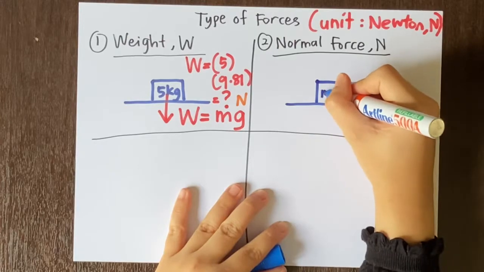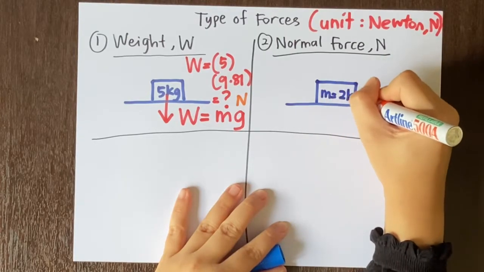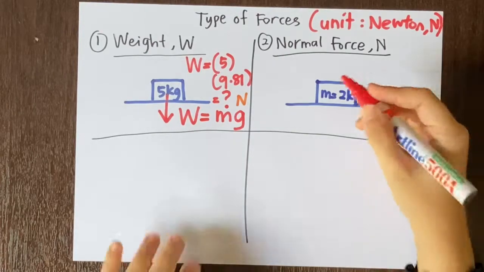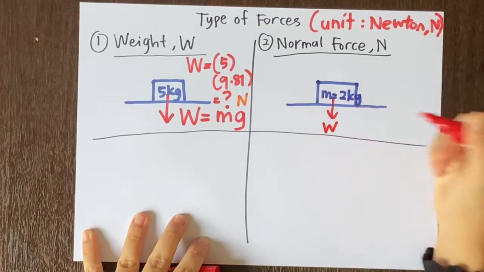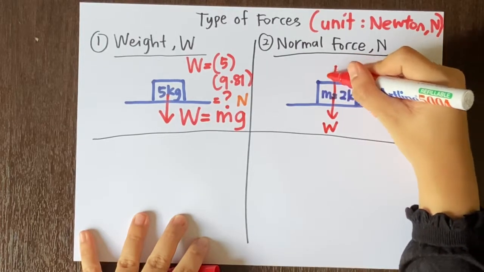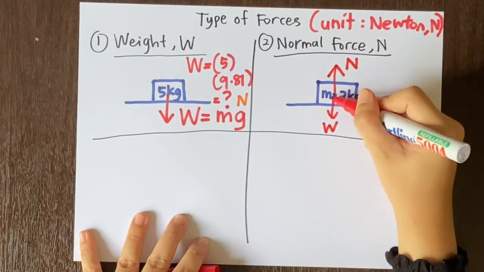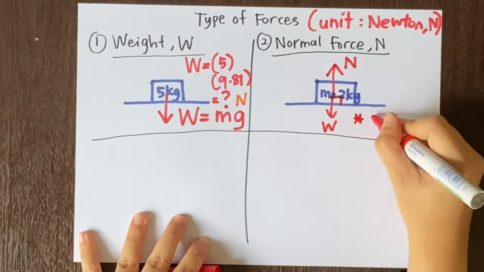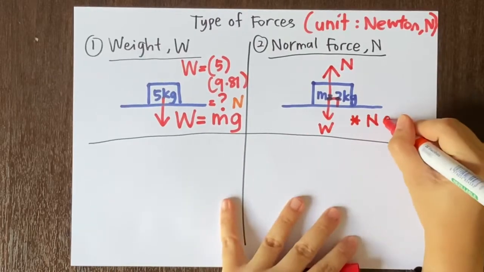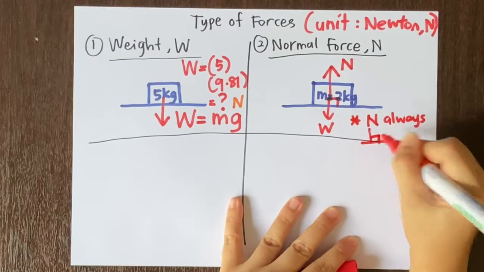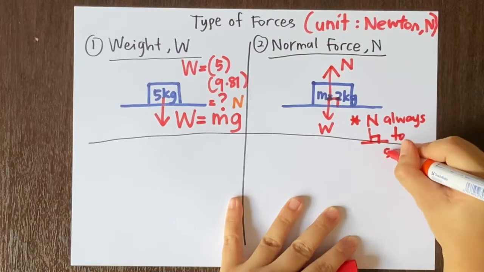For example, mass is equal to 2 kilogram. So where is the normal force? You know that downward is weight, so you label weight downward. Normal force is upward, always perpendicular to the surface. Please remember, normal force is always perpendicular to the surface.